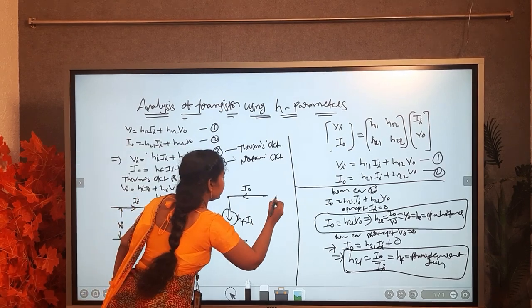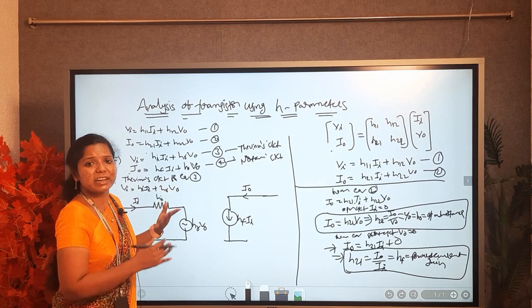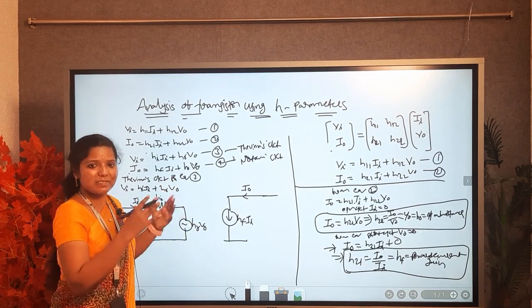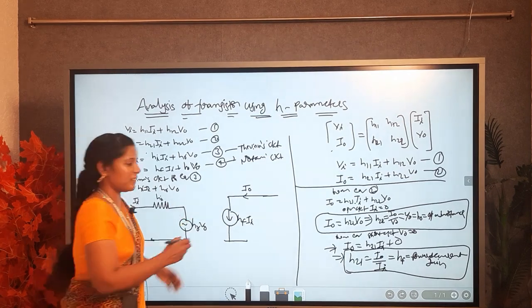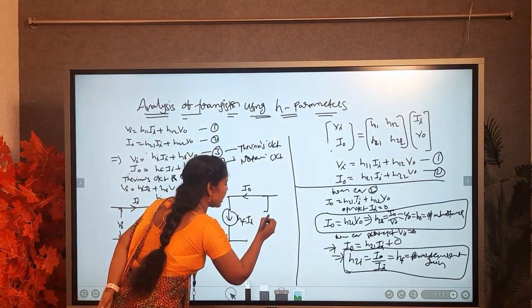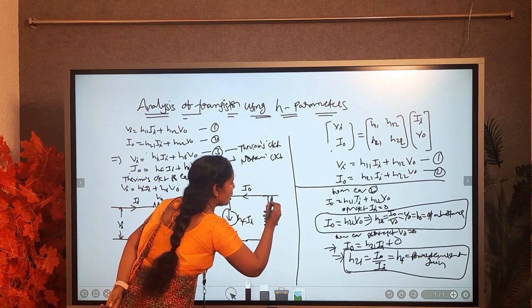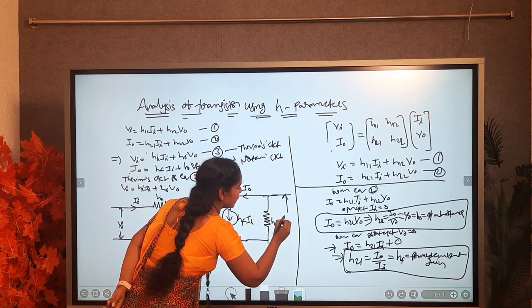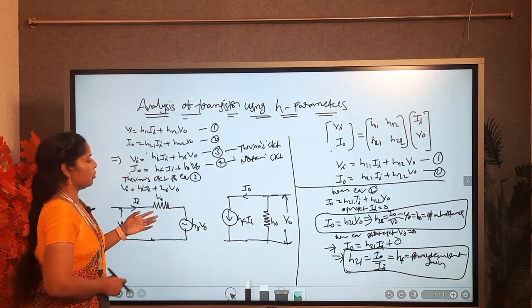Next, H naught is nothing but an admittance, the output admittance. The resistance and admittance symbols are the same, but they are reciprocal. So H naught will be drawn with a resistance symbol only. Across the H naught, we are taking the output V naught. This is the Norton circuit.